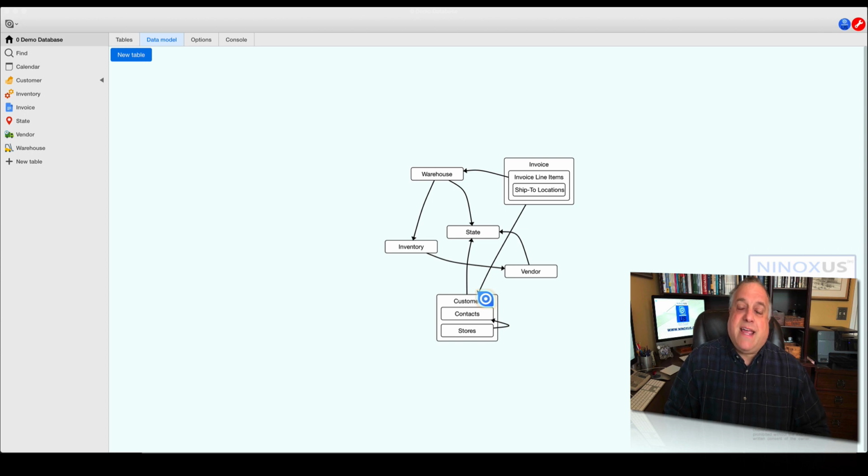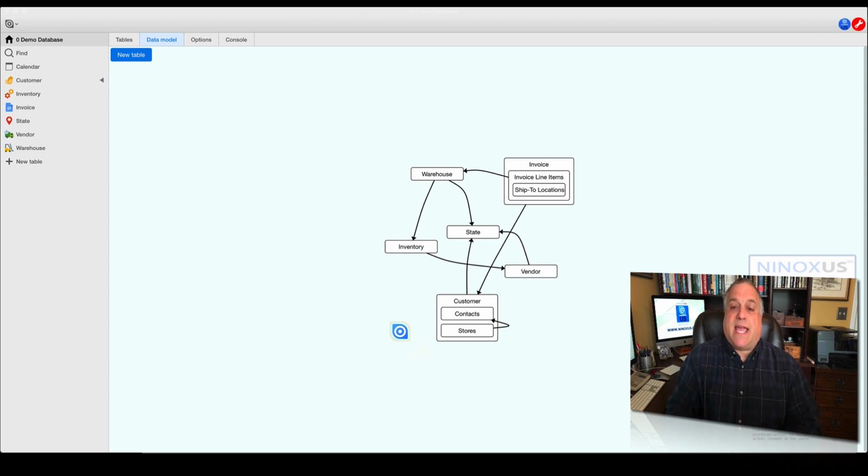Similarly, if we have a customer, that customer may be subdivided into stores. Now, we can have a customer with only one store, which is to say a customer table, a parent customer table with no children. However, if there's no customer, if there's no parent, then there's no children. There are no stores. We can have a customer that only has one store, but we can't have any stores if we don't have a customer to own and control them.